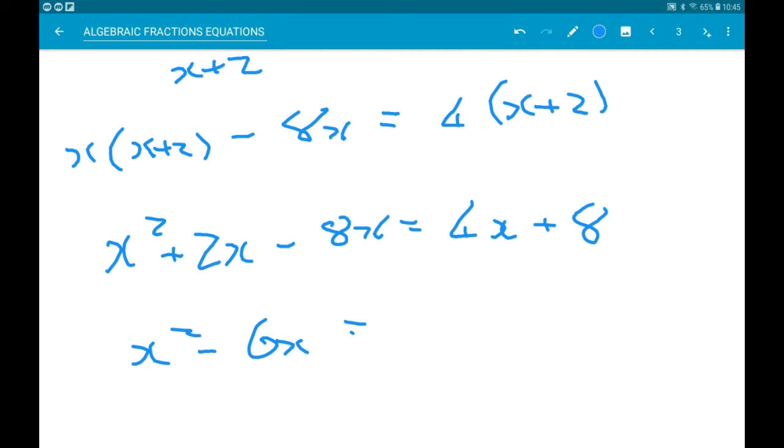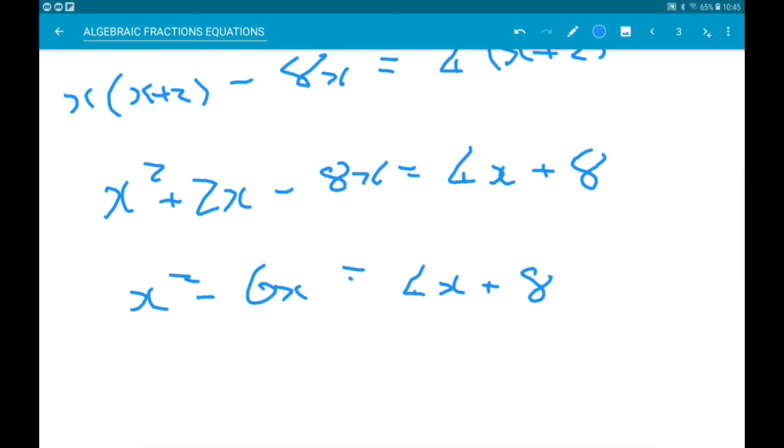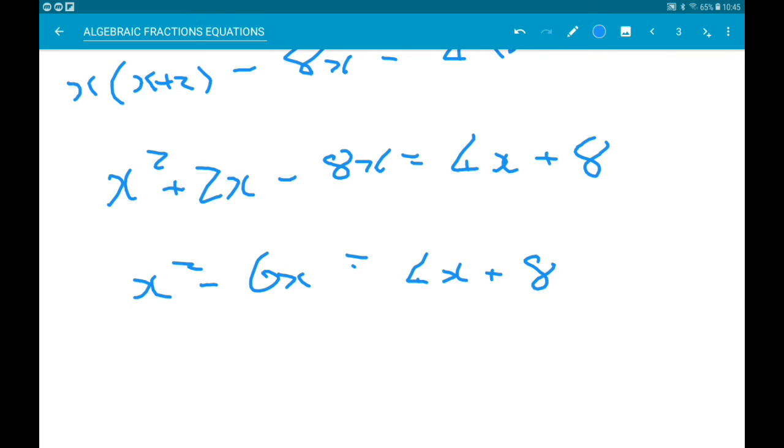On the right we have 4x add 8. Now to solve a quadratic, you always need everything on the same side with a 0 on the other. So we're going to subtract 4x and 8. So we're going to get x squared minus 10x minus 8 is equal to 0.